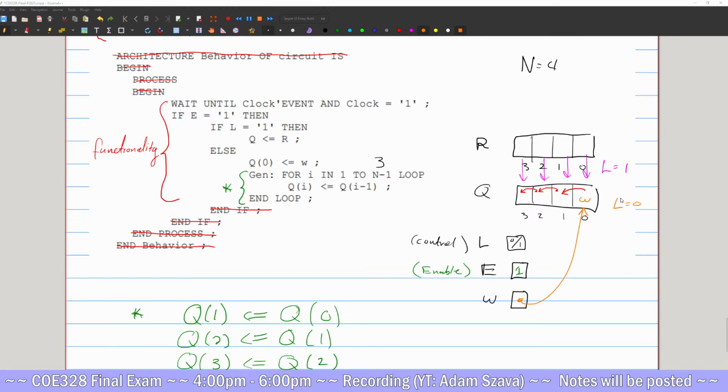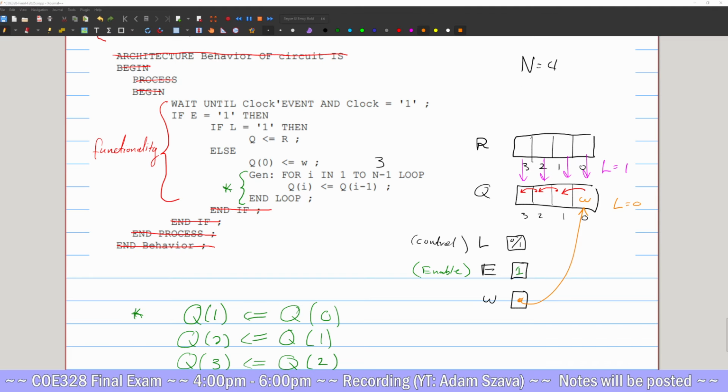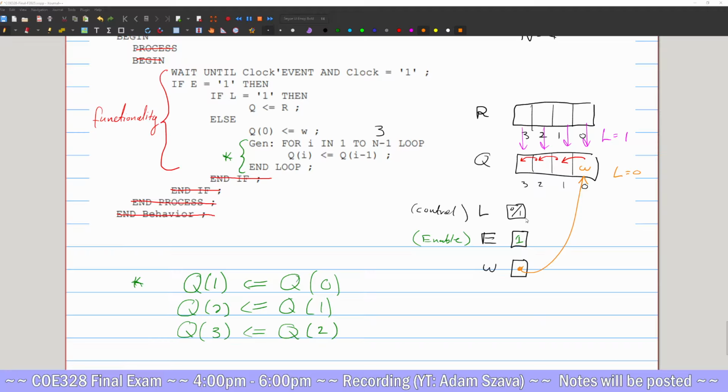So why wouldn't all the values be W? Someone's asking. It's a good question, right? The main thing is that this is happening in one clock. This is happening at one instant, right? If L is 0 and we're in this state here, it doesn't matter the order you would write this in.